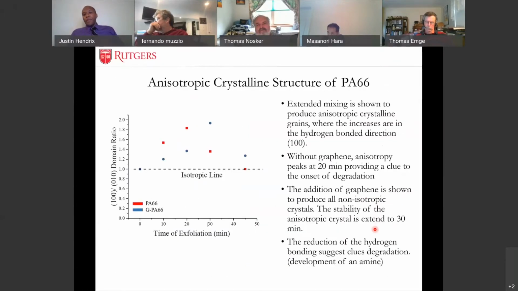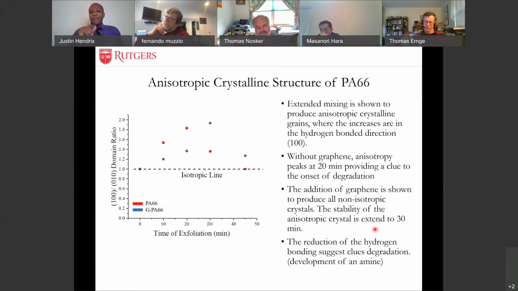Now, one of the things that we did is we took the crystalline thickness for the 100 direction, the hydrogen bond direction, over the intra-sheet direction, and we plotted it to look at the anisotropy of those domains.